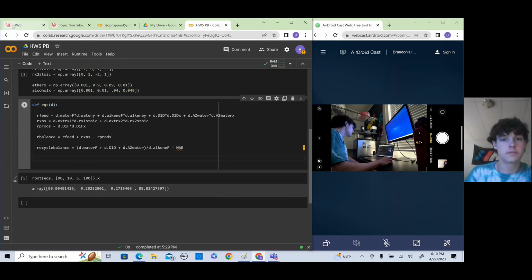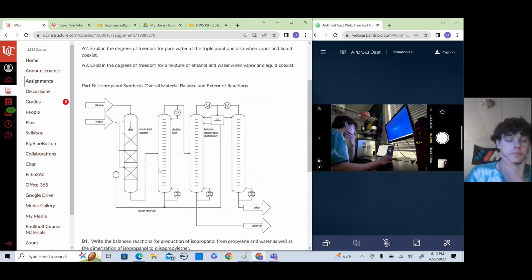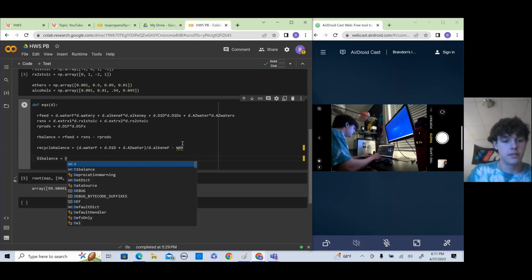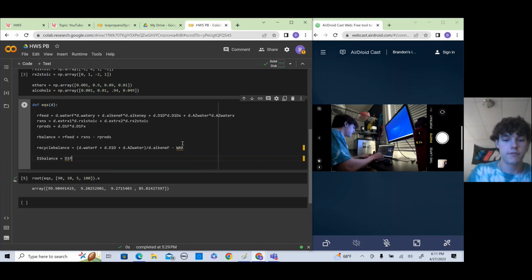Next we can move on to our distillation, our D1 here. Firstly, we have what's going into that, so our D1 balance. What's going in would be our D1F, so I'll just copy this over quickly.